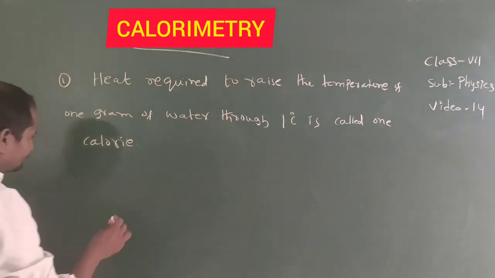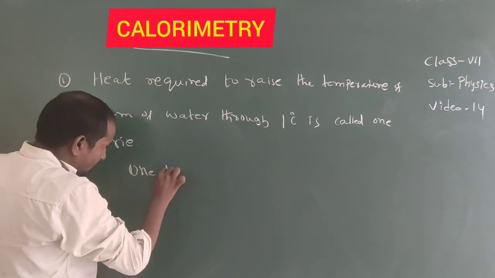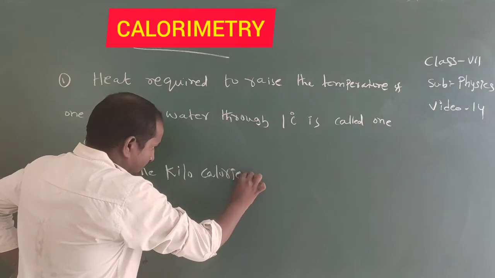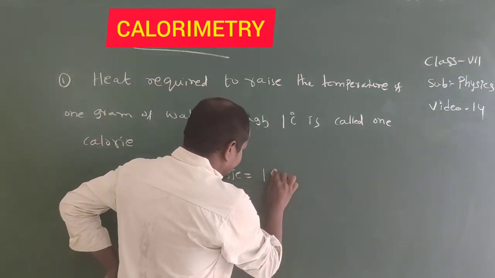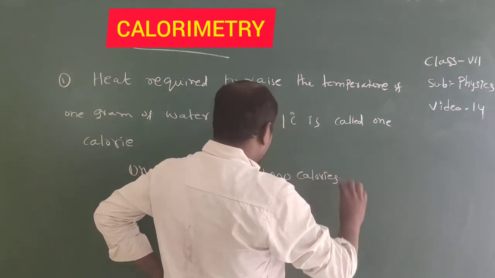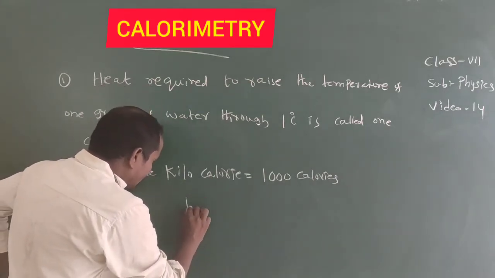So we know that 1 kilocalorie equal to 1000 calories. From this equation we can find the 1 calorie value.